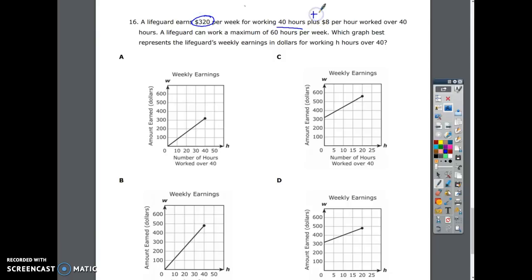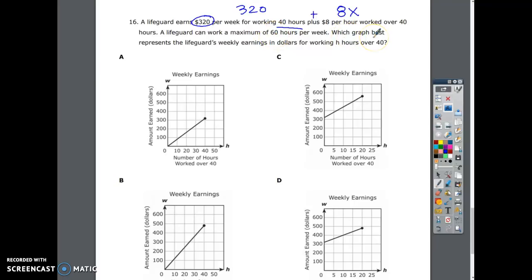Plus, so that's $320 plus $8 per hour worked over the 40 hours. So he's going to get $8 per hour after those 40 hours. A lifeguard can work a maximum of 60 hours per week. So if he already worked 40, how many more can he work to get 60? 20. So he can only work 20 more hours of overtime.